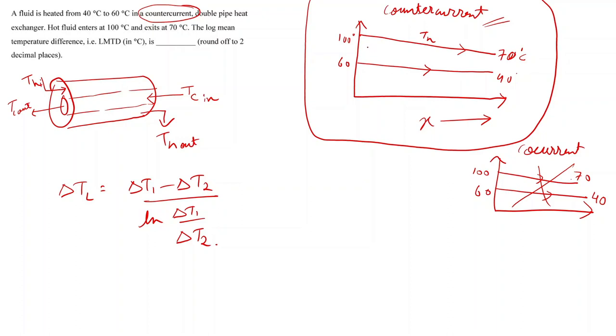So here this temperature difference is defined as delta T1, and this we can write as delta T2. So delta T1 is 40, delta T2 is 70 minus 40, which is 30, upon ln of 40 upon 30.